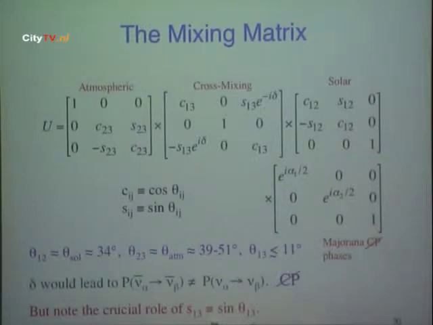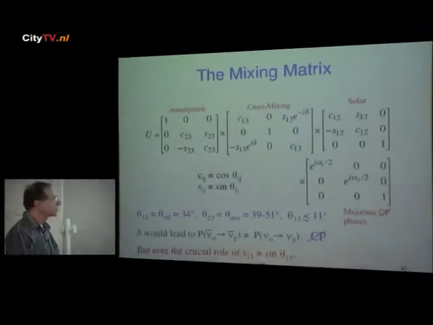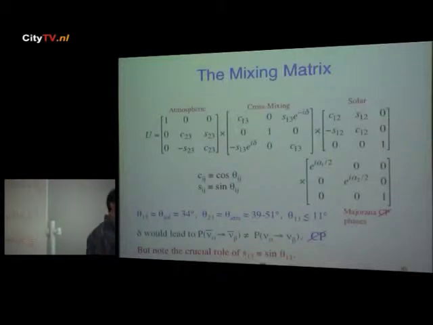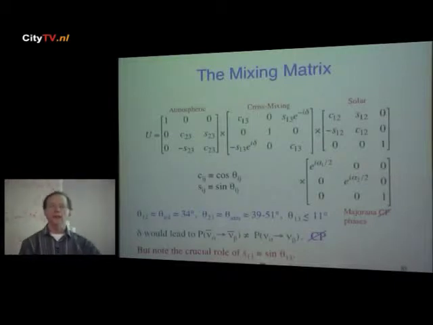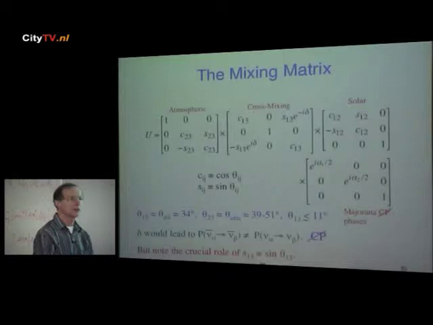Assuming that it's 3 by 3 and unitary, the mixing matrix can be written as a product of 4 factors like this. One of them involves nothing but phases, which are called Majorana CP violating phases. They do not affect oscillation. The rest is just like the way you write a rotation in terms of a product of 3 Euler rotations, each of which depends on 1 Euler angle. And you can do the same thing here.